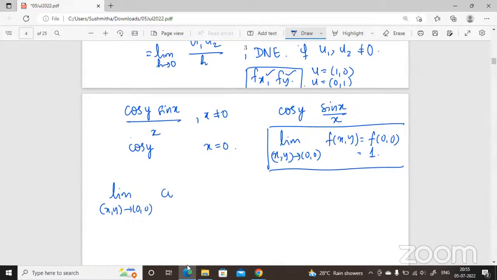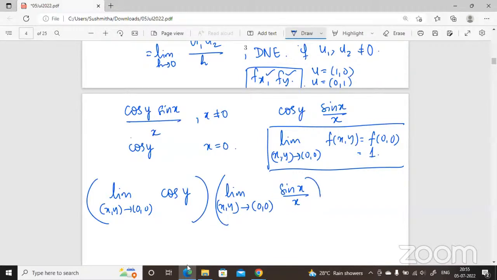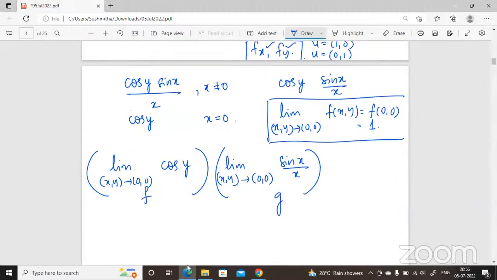There are two different functions now, right? From Maths 1, the limit of sin x by x is 1. There is no y at all here, so this is a function of one variable.